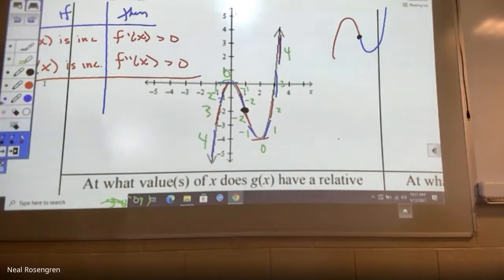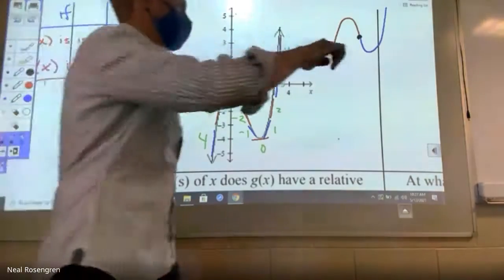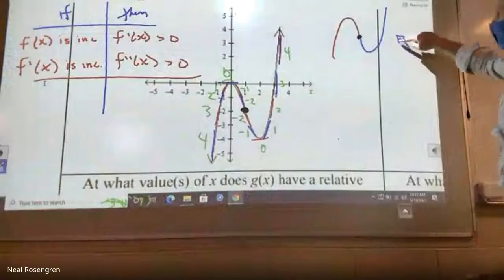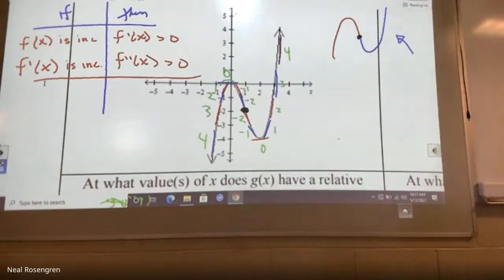Okay. This whole thing right here, this section where the graph looks like that blue section, that whole space is where the second derivative is positive, right? Of course, the first derivative can change from negative to positive or positive to negative, kind of depending on what things look like. But the second derivative in that whole space is going to be positive.